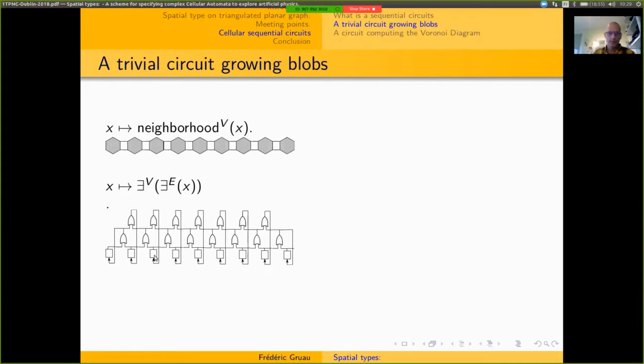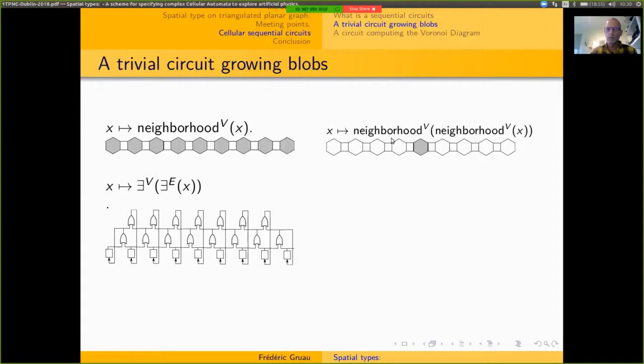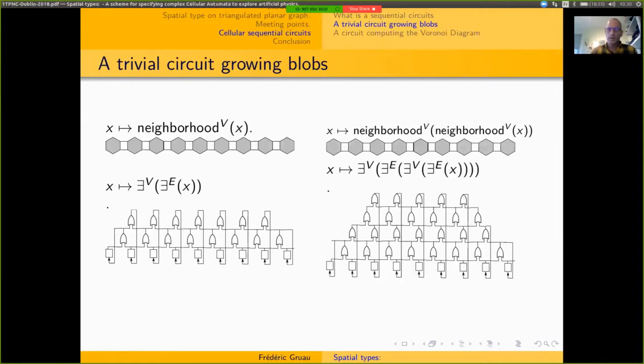The bit is stored in a square cell here, is fed into neighbors and then back into itself at each time step. It's a sequential circuit. Now we consider a composition of 2 neighborhoods. It will grow 2 times faster using double the number of gates.